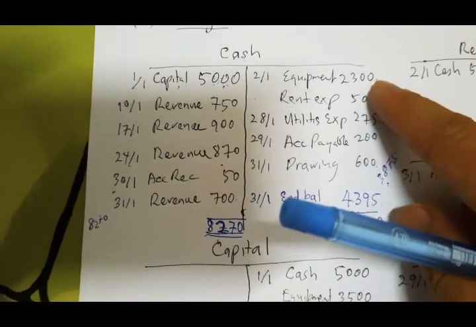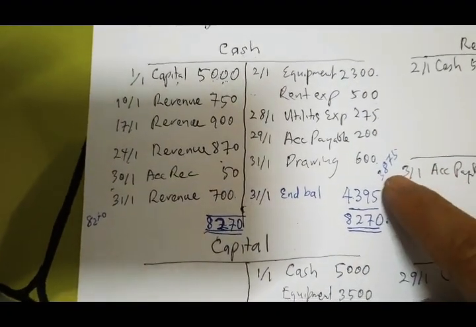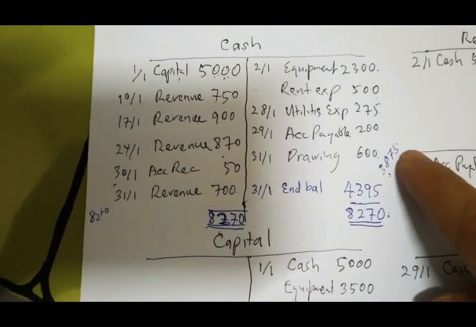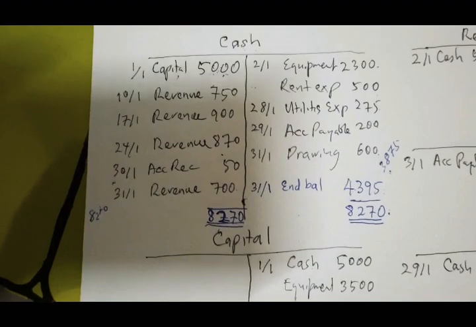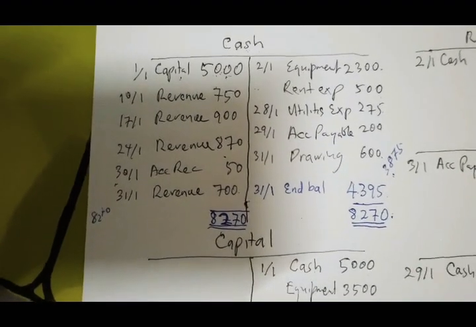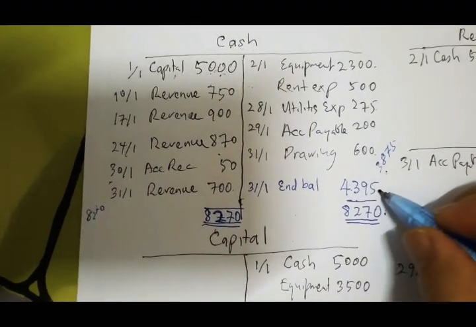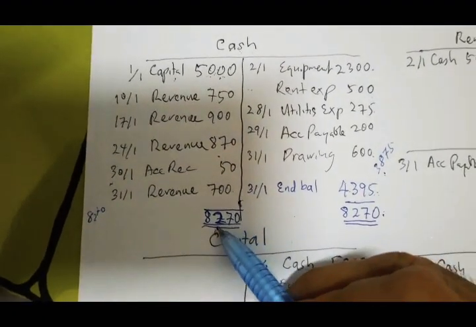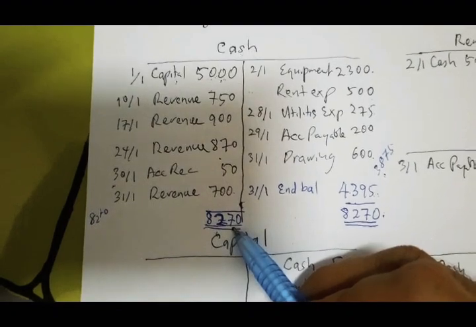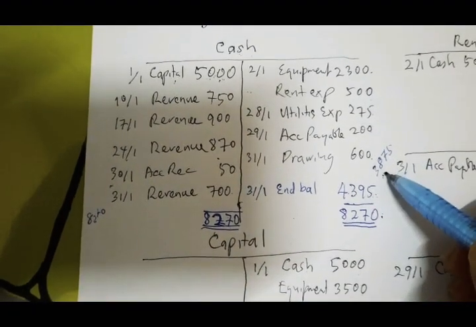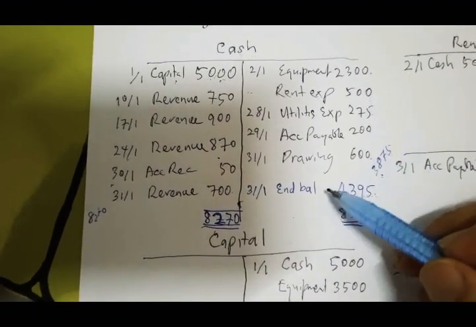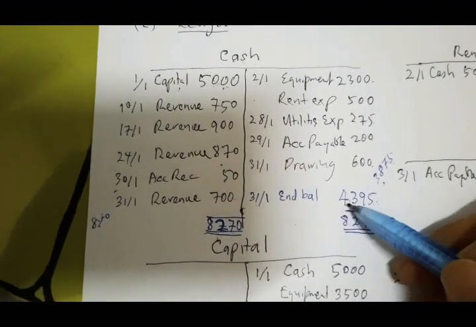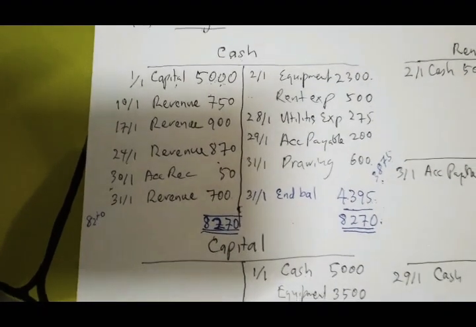Here in this sample question, the total cash that goes out is 3,875. So what is the balance of cash left in the business? The balance of cash left is 4,395. Cash goes in 8,270, cash goes out 3,875, and the balance of cash left at the end of the month is 4,395. That is the way to do it.